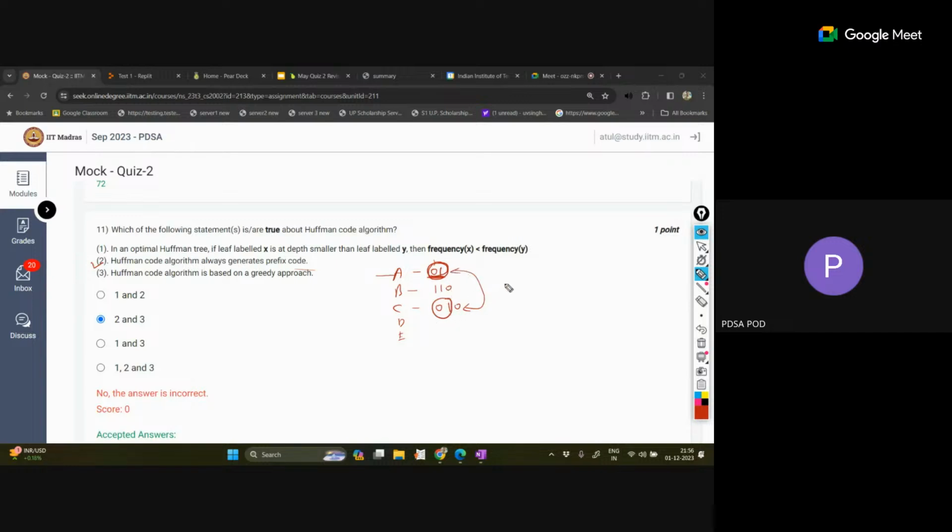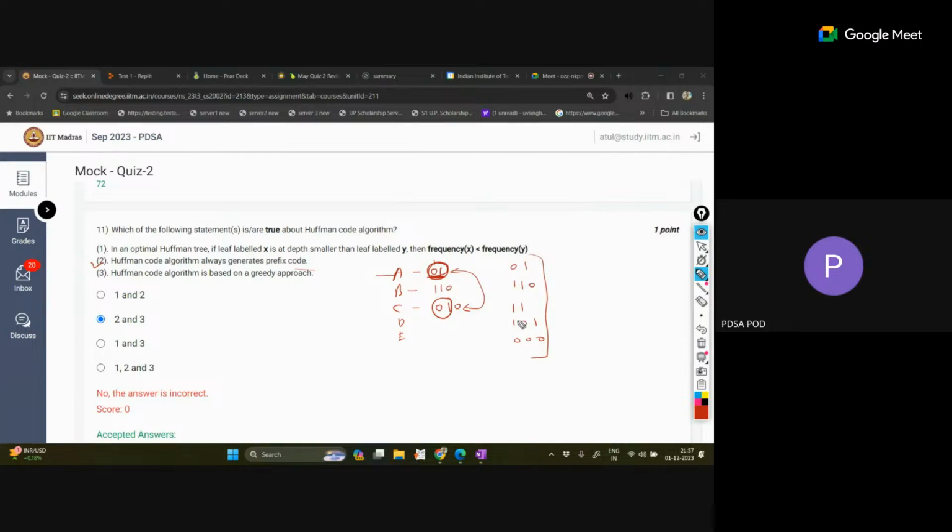I'm just giving one example like this: 01, 110 and 11, and if we repeat, 101 and 000. If you see this type of codes, any complete code is not coming as a prefix in another code.